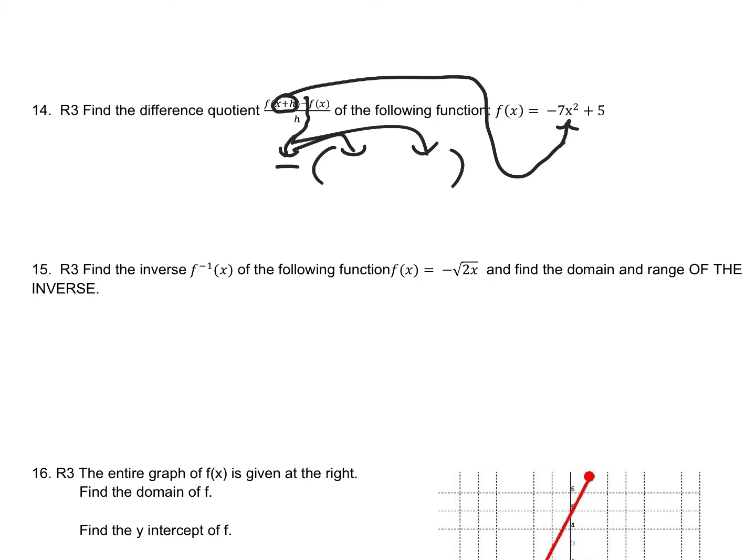I'm just reminding you, you've got to distribute that throughout the function. And if h doesn't cancel, see how there's an h on the bottom? If there's an h in everything on the top and an h on the bottom, and that h doesn't cancel, then you did something wrong.